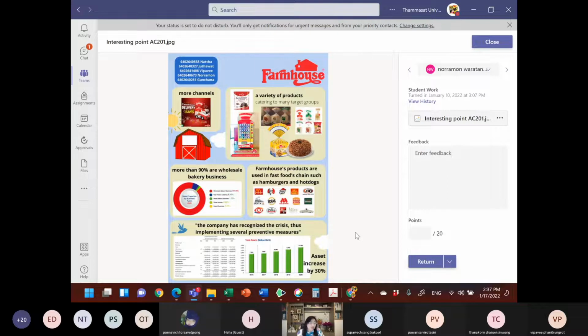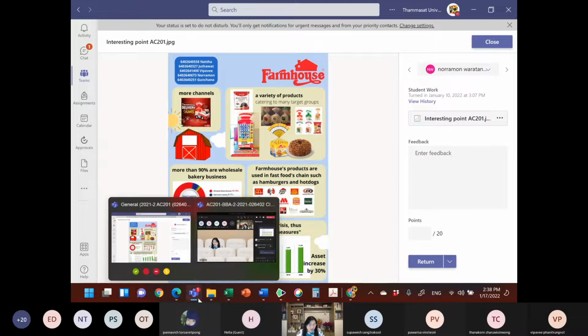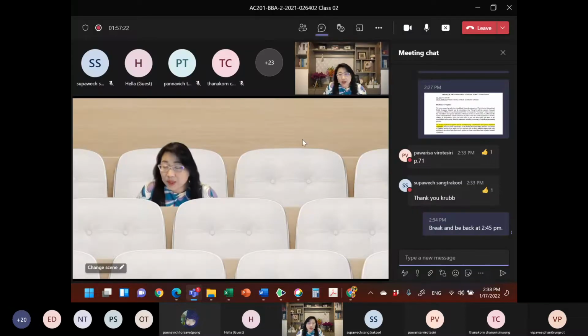Maybe it's product, maybe it's customers, maybe it's about management, vision, mission, or maybe it's about financial numbers. Whatever you think relevant, so that we get to know more about this Farmhouse. Just one page infographic, together as a group. So you would have 5 members, 4 from this section and then 1, Yanis, for the morning session. So would you be able to group up and then prepare one infographic for me?